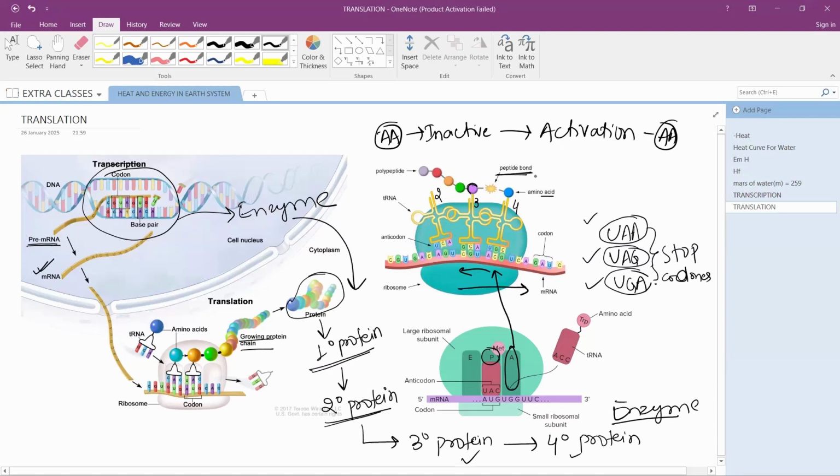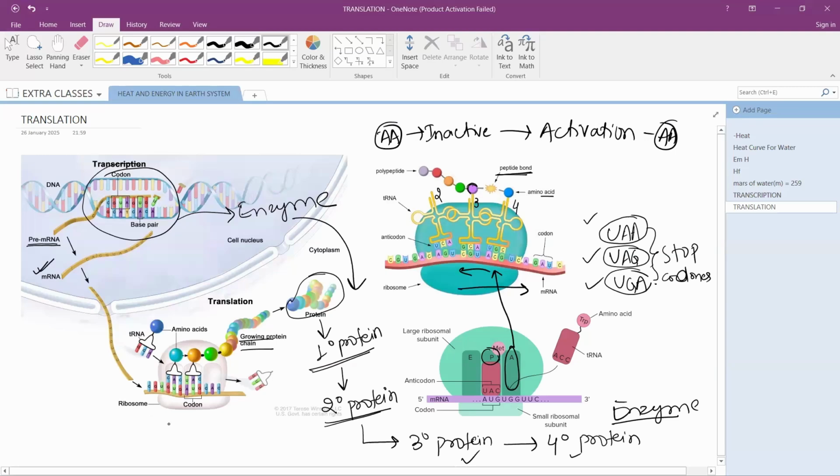So the ribosome binds to the start codon, that is AUG, on the mRNA. The ribosome binds to which RNA, mRNA or tRNA? No, the ribosome attaches to the mRNA.